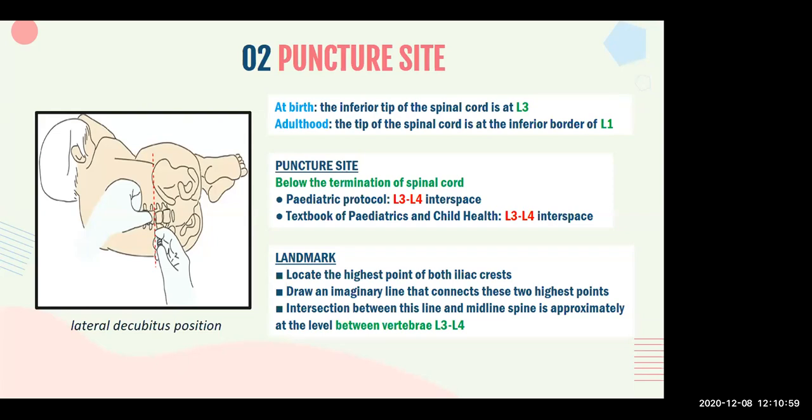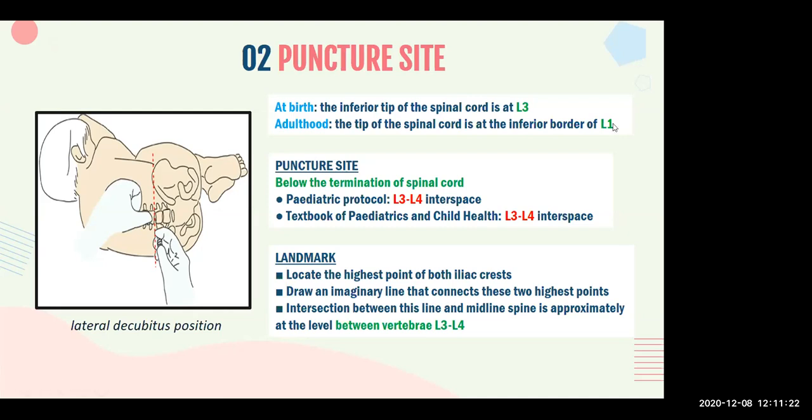And it is also verified through the PITS protocol and also other textbooks. So where do we locate the puncture site? We use several landmarks. First, we need to locate the highest point of both iliac crests and draw an imaginary line that connects these 2 points.